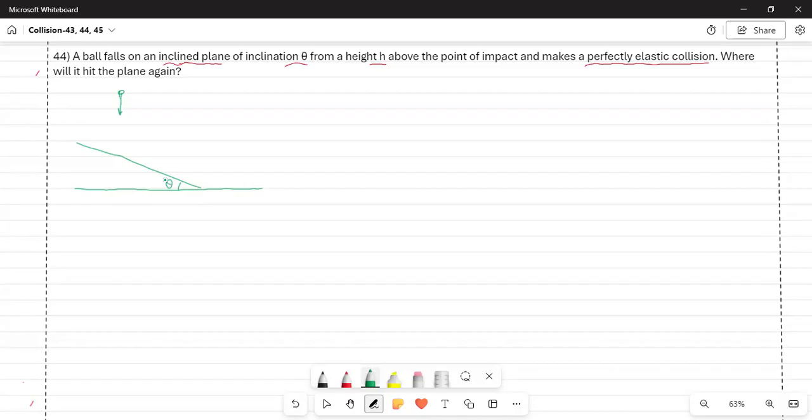It falls from a height h from the point of impact. This height is h, right? The ball falls from here to this point.